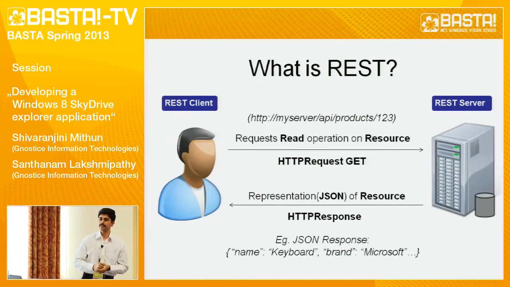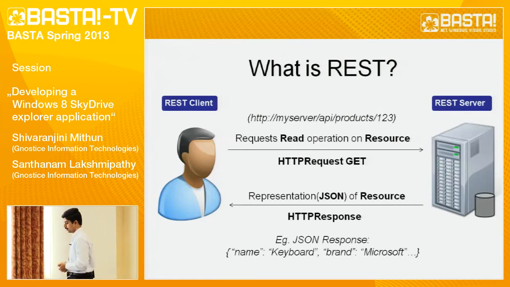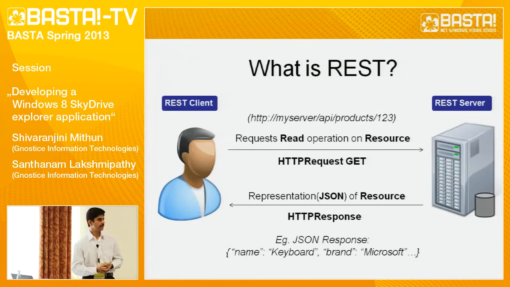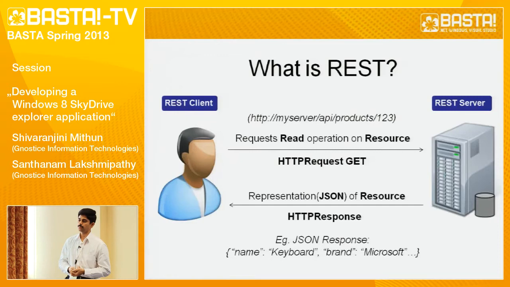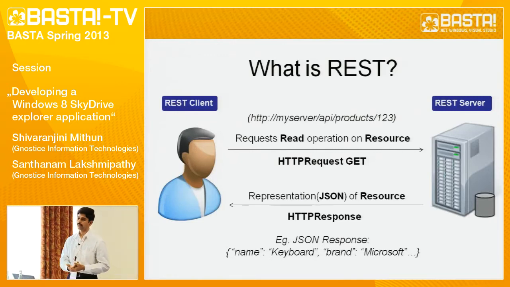The server sends back the details of the product, or details in the response. Here the response is in JSON format. JSON is nothing but JavaScript Object Notation, which is nothing but a string with a set of key value pairs.